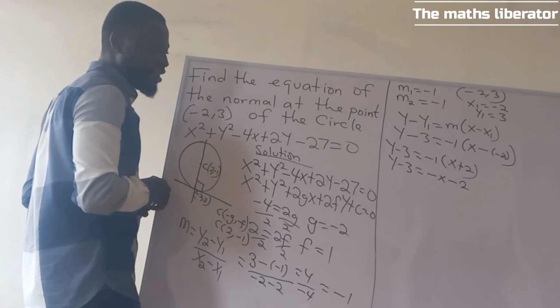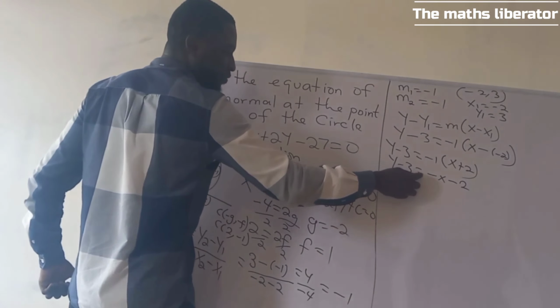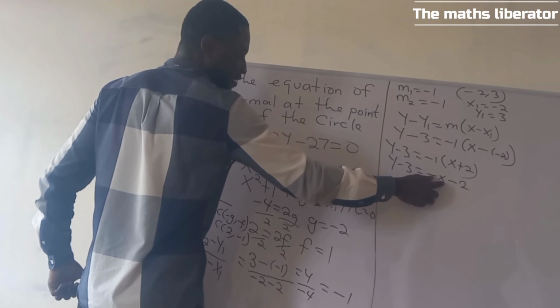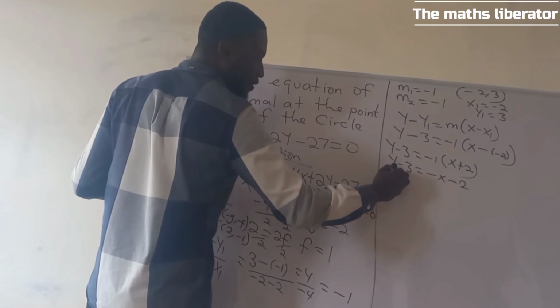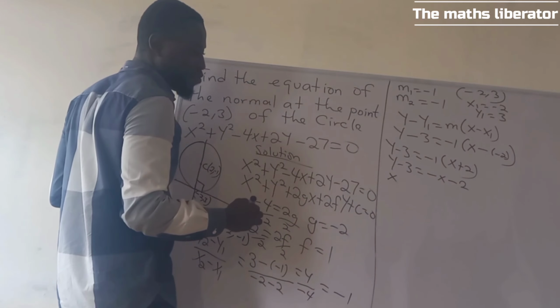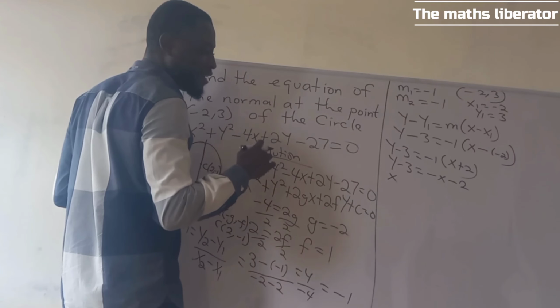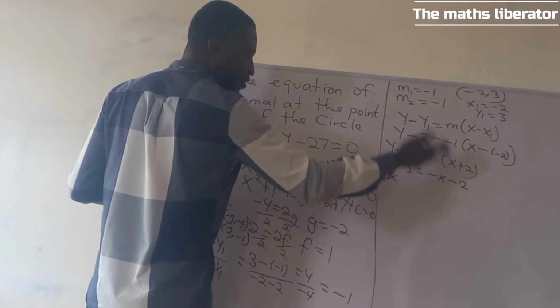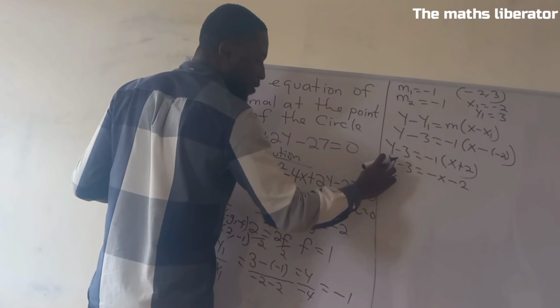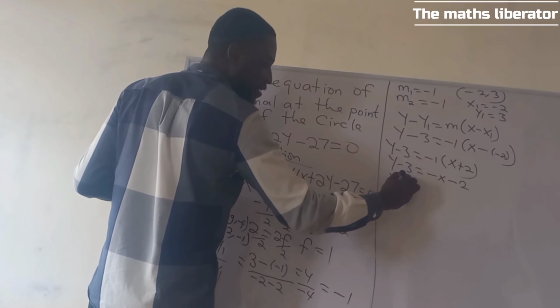Now we make sure our negative x moves to this side of the equation, becoming positive x. We want to write our answer in the general form of the equation of a line. So our x will be here, our y is already at the left hand side, so positive y.